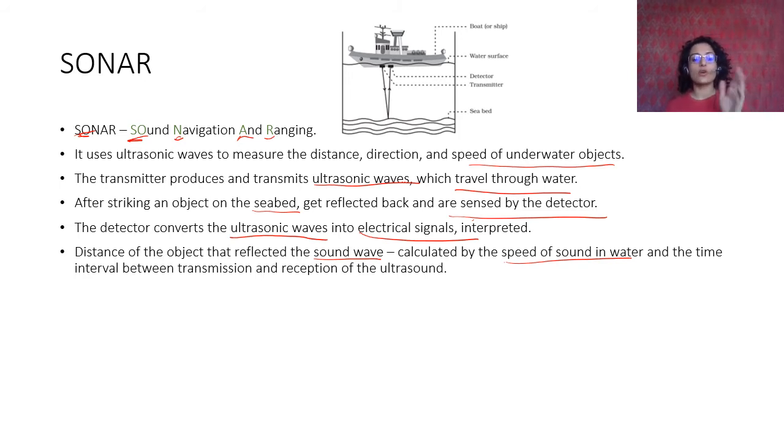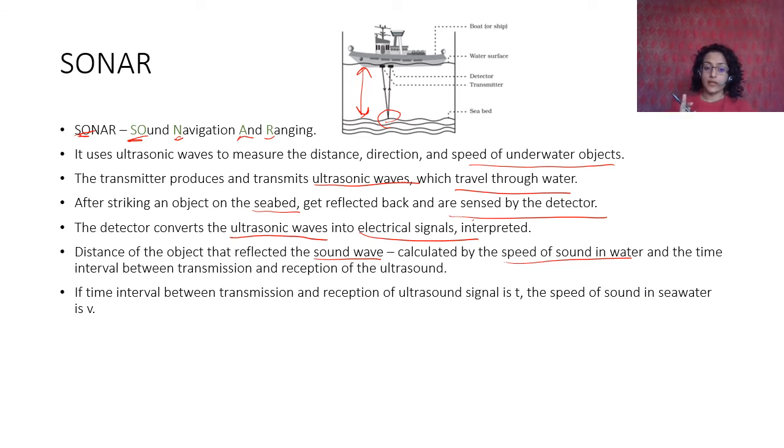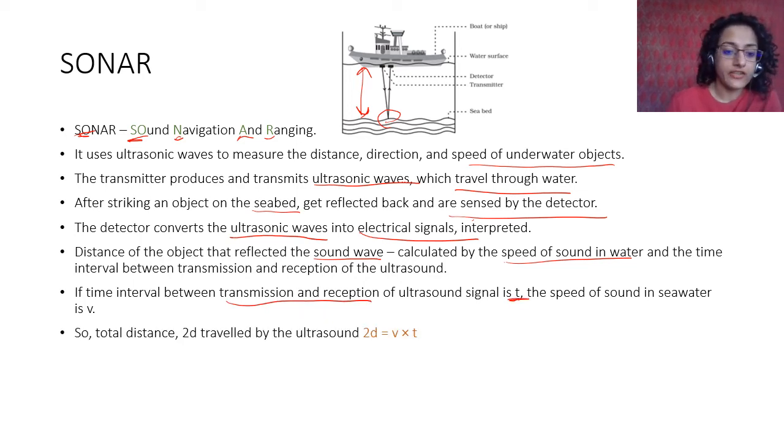Right? The distance of the object is calculated, यहाँ पे जो distance है, कितना distance है, by the speed of sound in water and the time interval between transmission and reception. And you have done this in the previous slide, therefore you know the formula, तो obvious है, distance is equal to speed into time. If time interval between transmission and reception is t, speed of sound in water is v, total distance is 2d. Why is it 2d?